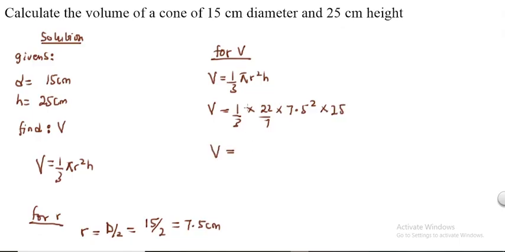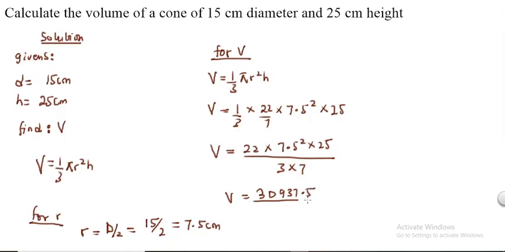So for my volume, I'll multiply the numerators here, and then this becomes 22 times 7.5 square times 25 divided by 3 times 7. My volume is then equal to my numerator. If I do 22 times 7.5 square times 25, I get 30,937.5 divided by, now for my denominator, if I do 3 times 7, I get 21.